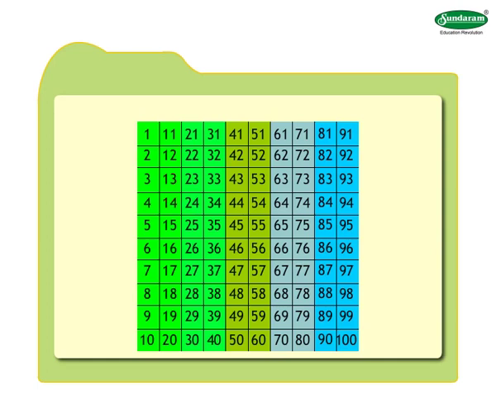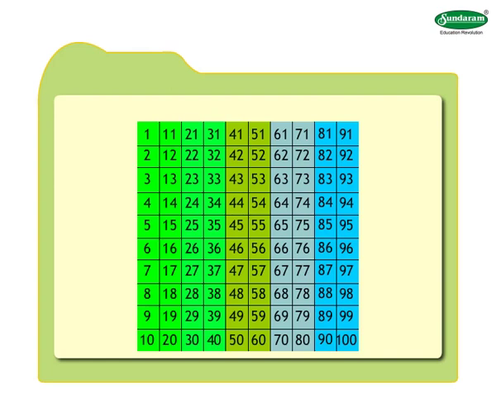1 4 14, 1 5 15, 1 6 16, 1 7 17, 1 8 18, 1 9 19, and then 2 0 20.